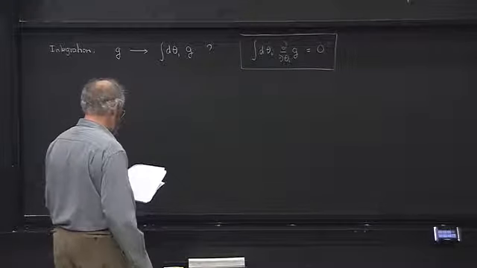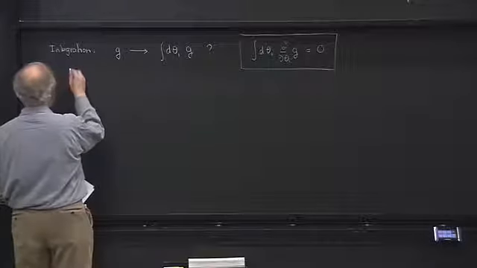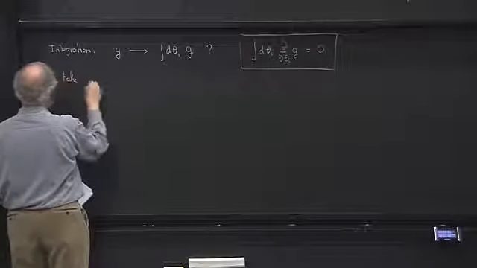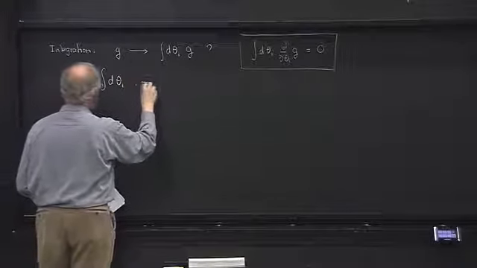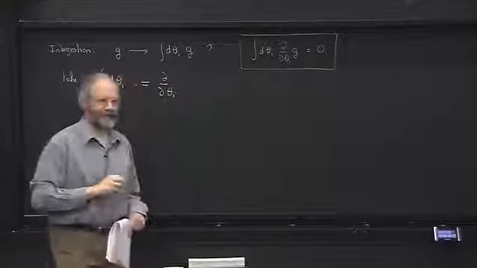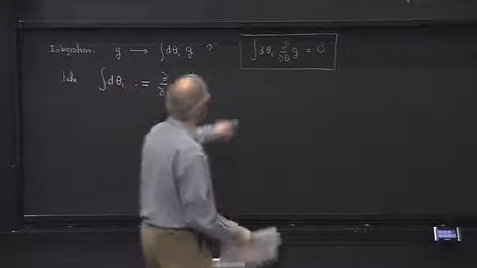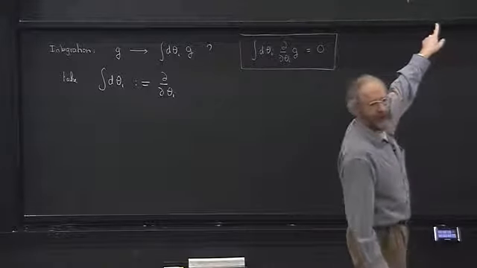The solution is simply to take, by definition, the integral over d theta I to be equal to d over d theta I. Why does it work? Because derivatives anti-commute, they are nilpotent.